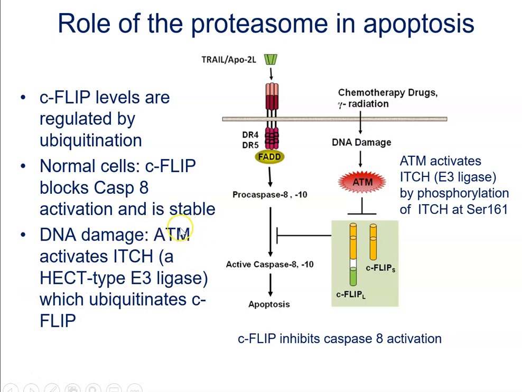If ATM is active, ITCH becomes phosphorylated and activated, and ITCH will then seek out and specifically ubiquitinate C-FLIP so that C-FLIP cannot bind into the death-inducing signaling complex. That will mean that any death receptor signals will be propagated, because caspase 8 will be able to be recruited. In the absence of this, many death receptor signals do not get propagated beyond the death receptor, because C-FLIP will be present and can block the signaling at this point. So apoptosis is very finely tuned by the proteasome pathway.